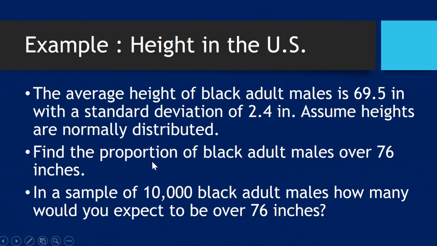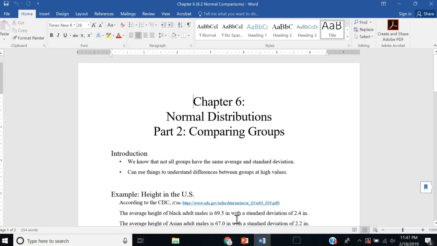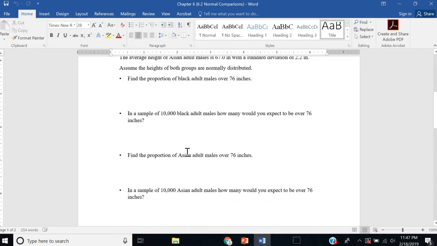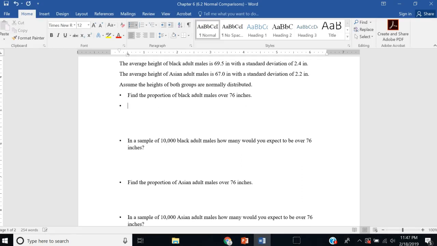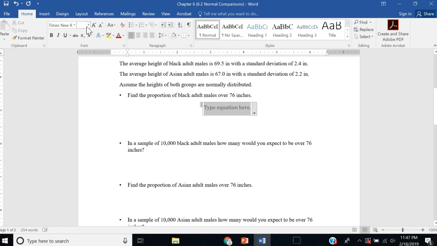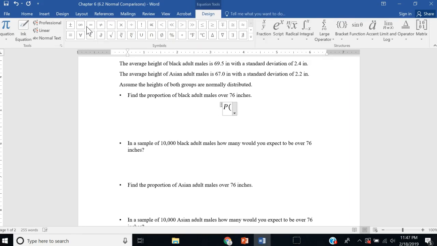So if we want to find the proportion of black adult males over 76 inches, well, that just goes back to the normal CDF function that we had before. How I would do that is I'd say, well, proportion of values greater than 76 inches.